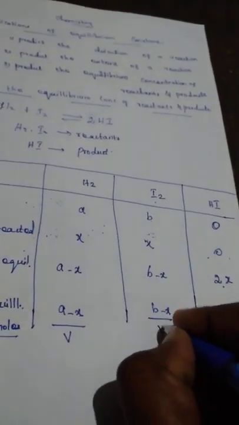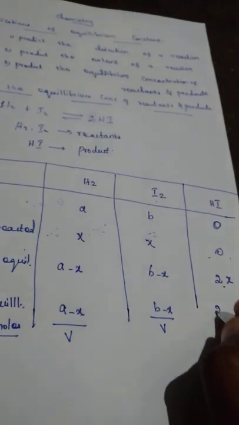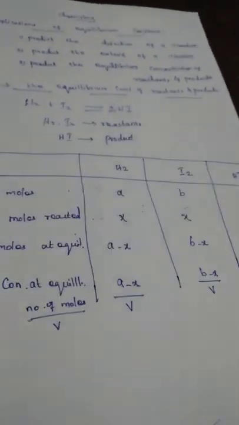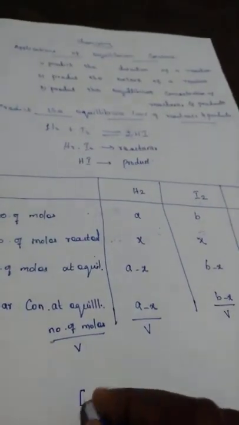Here you can write B minus X divided by V, and here 2X divided by V. So from the tabular column we can confirm the concentrations.